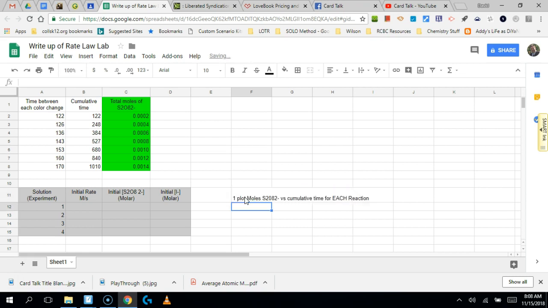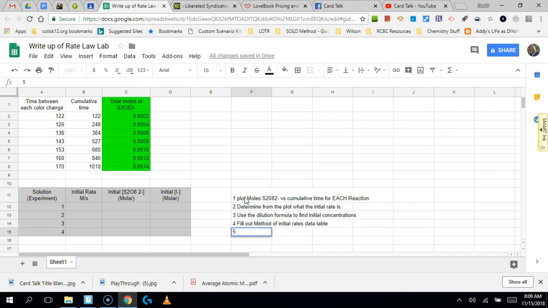The first thing that we have to do is plot moles versus time for each reaction. The second thing is to determine the initial rate based on that plot. The third is to use the dilution formula to find the initial concentrations.